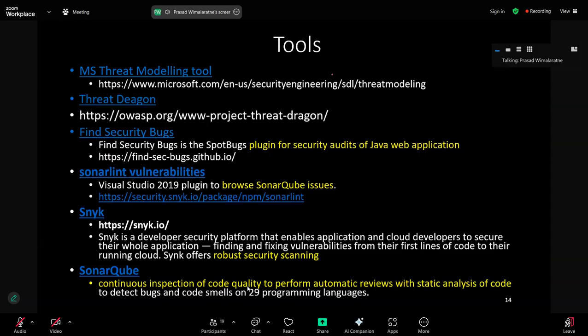Now, as I said earlier, during the practicals that we do, you will be taught or trained on using some of the tools. And here we have some of them that will be covered in your practical. The first two are actually on threat modeling.